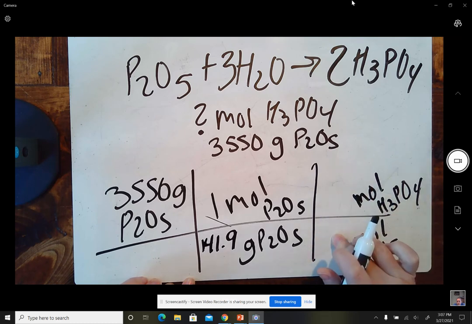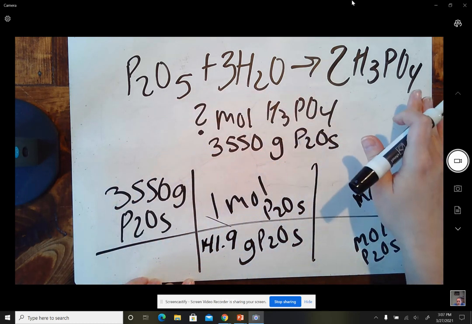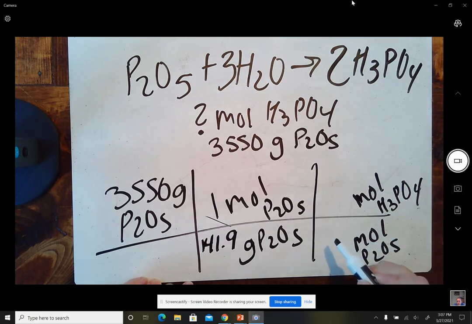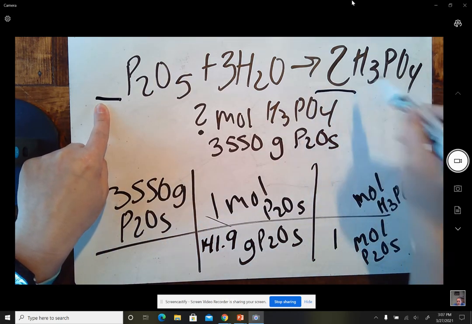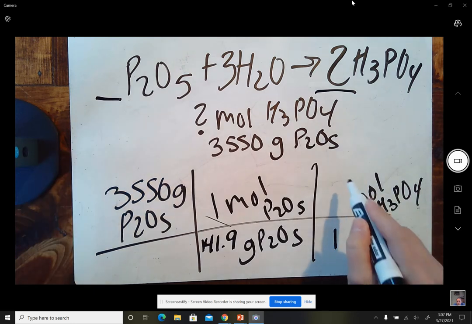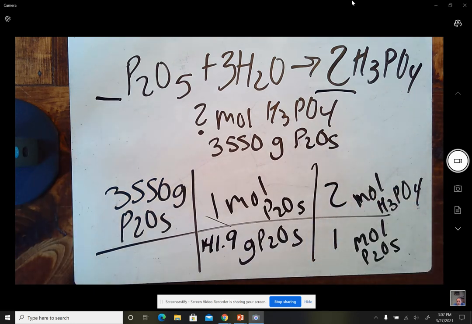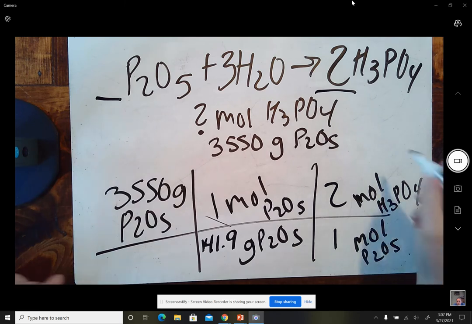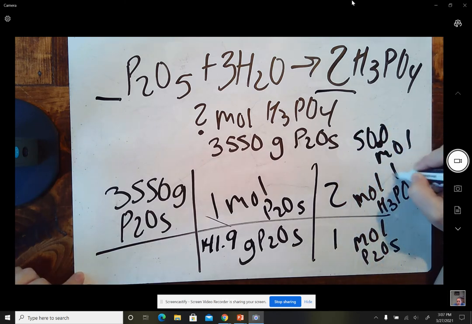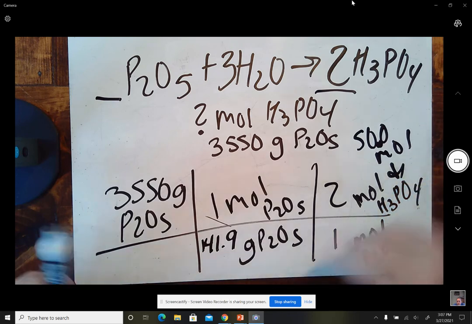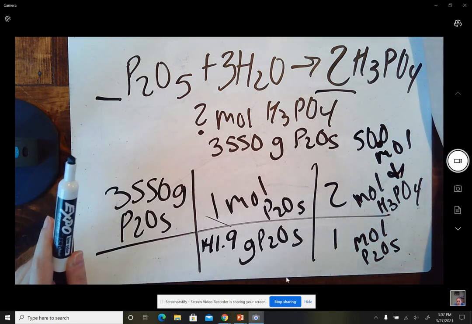Where do I get these numbers? I look at my balanced chemical equation. In front of P2O5, I have nothing, meaning 1. In front of H3PO4, I have a 2. And now I'm set up. So I work this out. I end up getting about 50 moles of the phosphoric acid. It's your turn to try. Good luck.